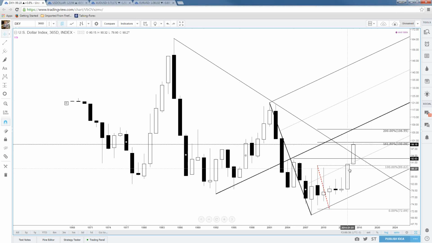The breakout last year, you could argue this is kind of year two of the big bull market in the dollar, with the first being the breakout year. And previous bull markets have lasted 5 years or so on average, maybe into the 6th year.